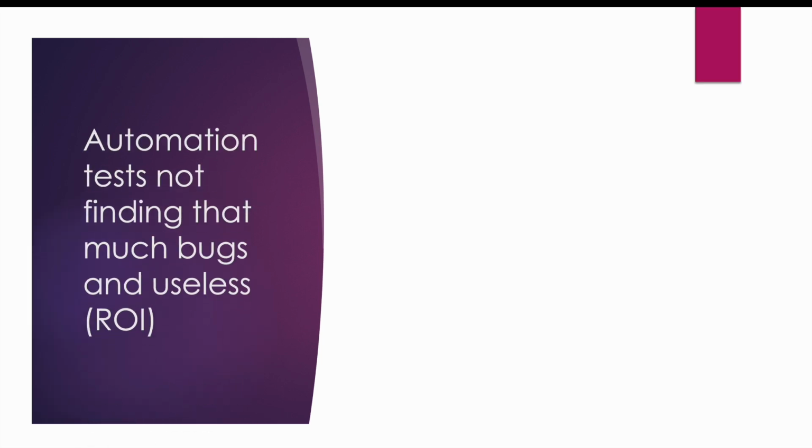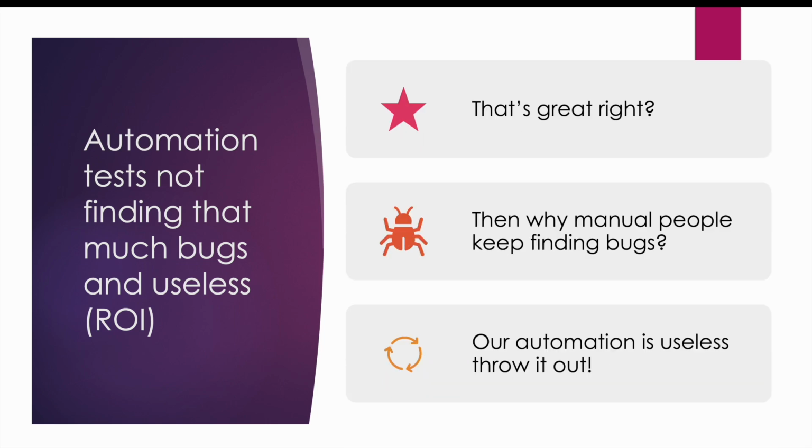And one more thing: automation tests are not finding many bugs and are useless. That is also common. Once you have stable automation and everything is going smoothly, someone from higher management will ask how many bugs we are finding in automation, and we come with a low number compared to manual every time, because manual testers work on new features and have already found new bugs.